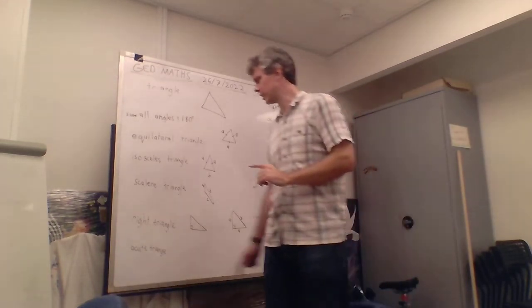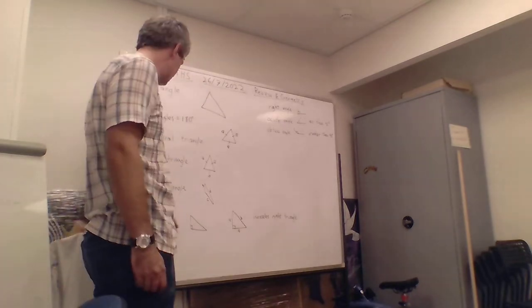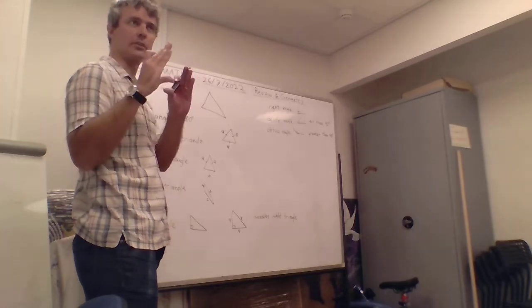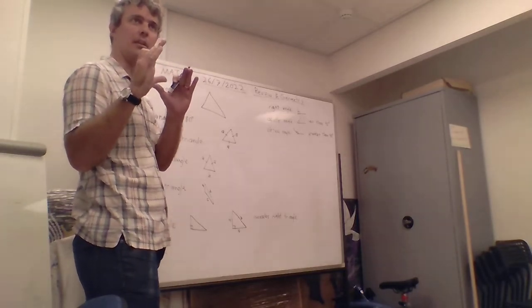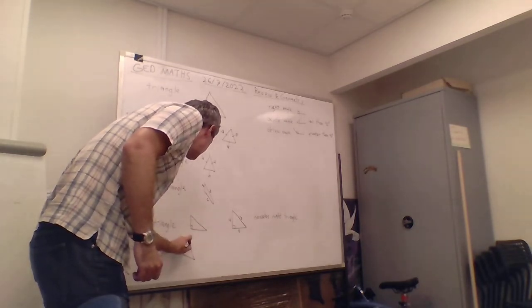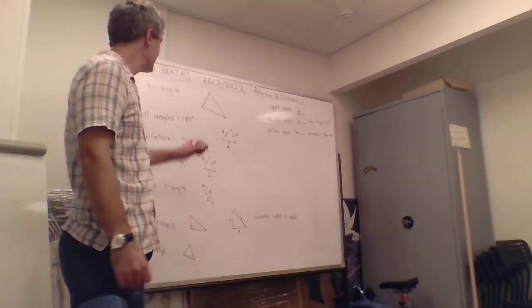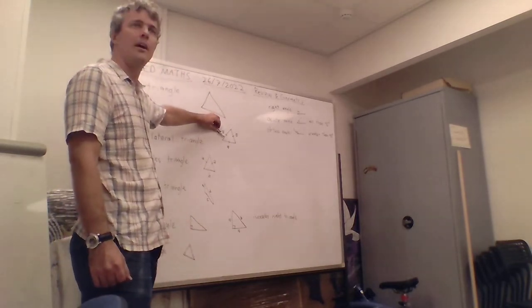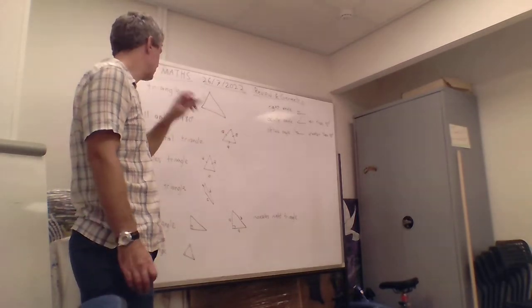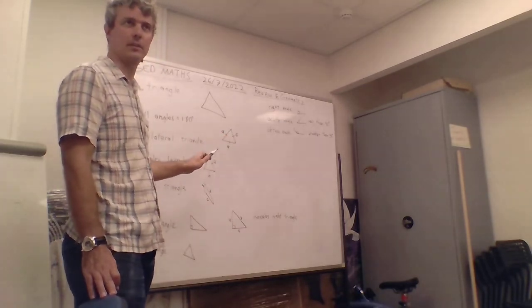So we can have an acute triangle. An acute triangle has all the angles being acute angles. All the angles are less than 90 degrees. So basically, often what you think of as your standard triangle, right? An equilateral triangle has to be acute. In fact, an equilateral triangle has 60-degree angles by its necessity.